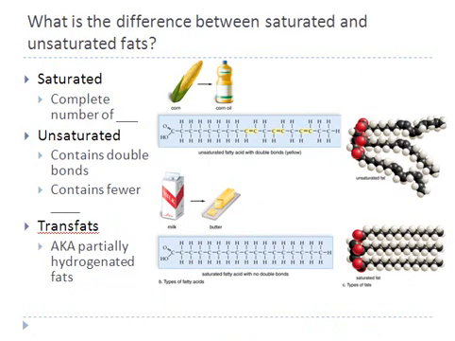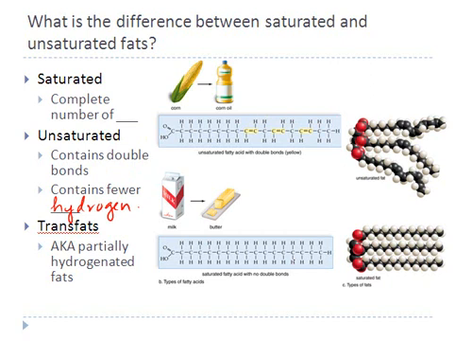Now let's look at some more variations within your fats. Some of these fats are called saturated fats, and some are unsaturated. By saturated, we mean the carbon-hydrogen ratio. The carbon-hydrogen ratio is maximum, and unsaturated will have fewer hydrogens.